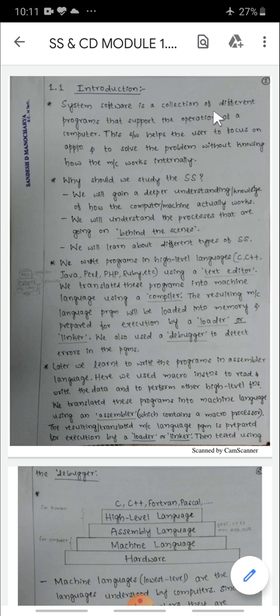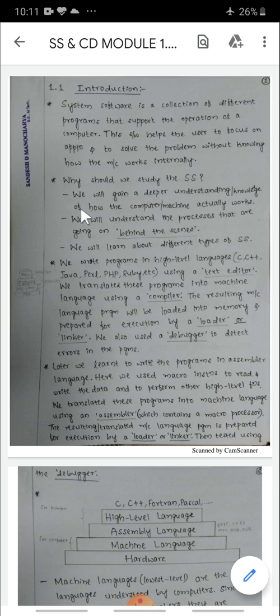So system software is a collection of different programs that support the operation of a computer, and it helps the user to focus on his application and solve the problem without knowing how the machine works internally.